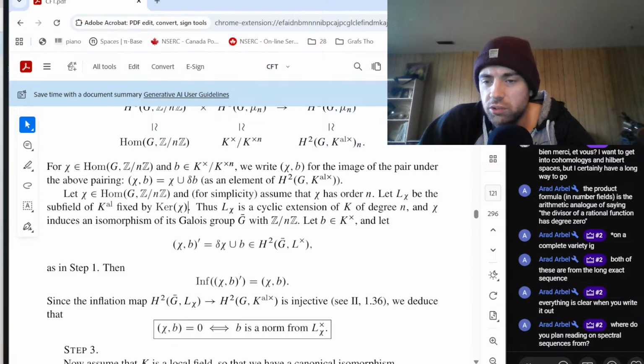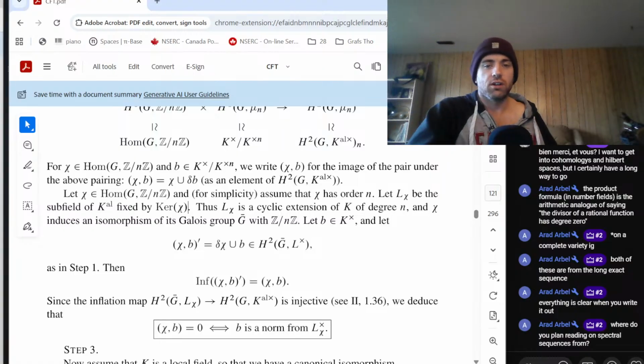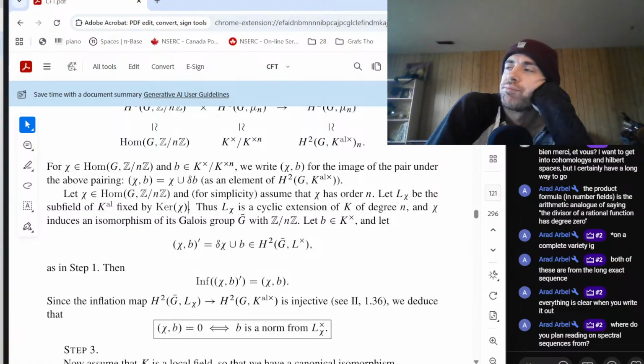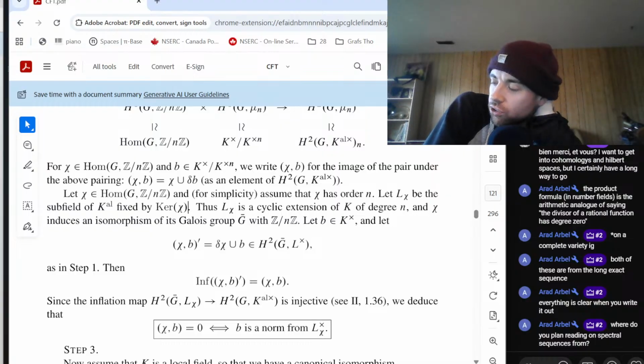Where do I plan on reading spectral sequences from? Good question. I don't know. I haven't made up my mind on that yet. Could be Brown's cohomology of groups. I mean, I want something that's really for babies, so I can be nice and dumb and go slow and do a bunch of computations. So I feel like maybe the section in Aluffi could be good. One thing I would personally like to do is walk through the proof.